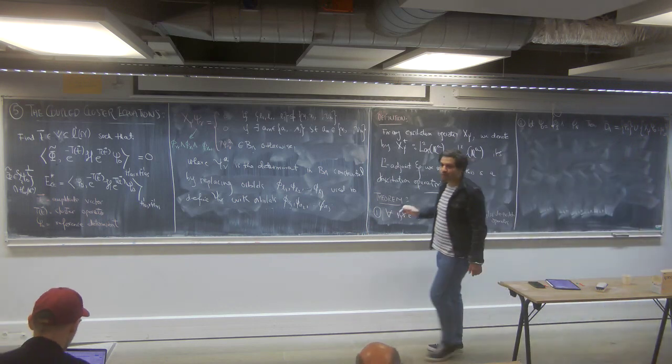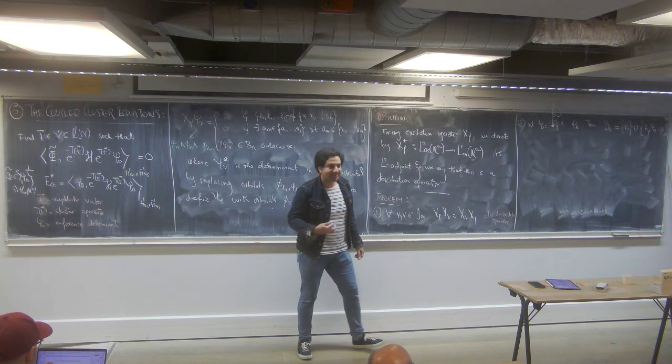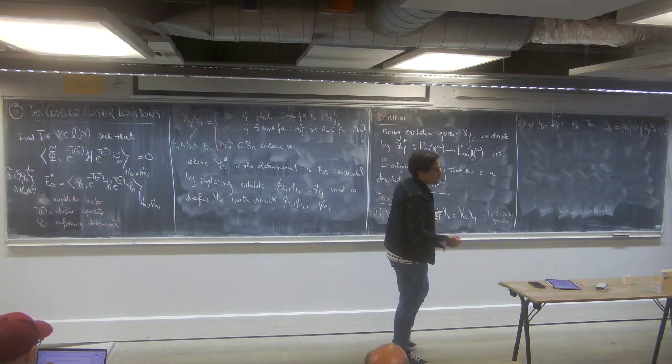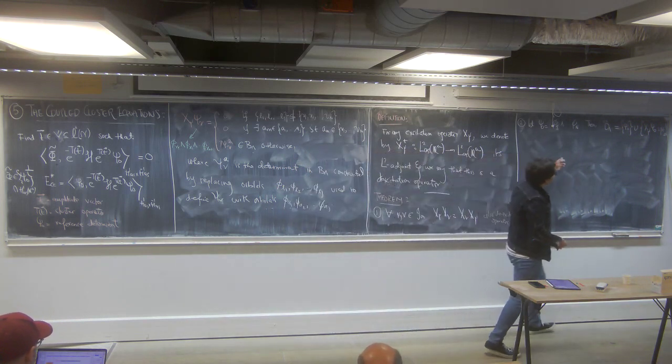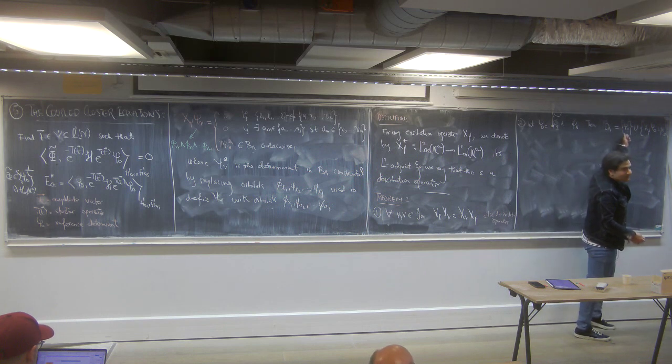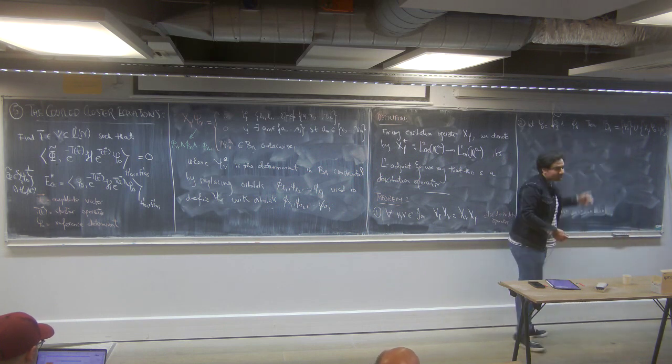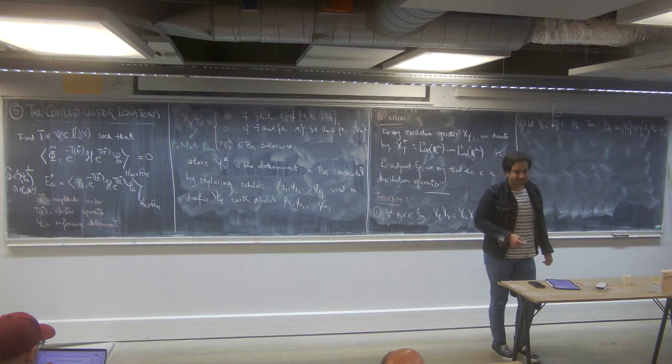So basically, any determinant in our n-particle basis set can be constructed by finding some excitation operator and applying it to this reference determinant psi 0, which is the one that is constructed from taking only the first n orbitals.